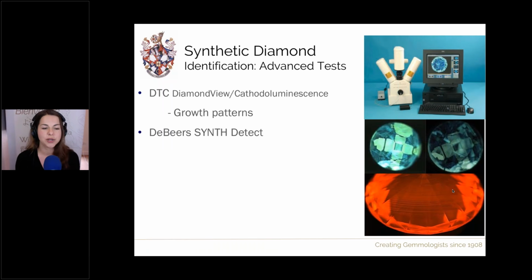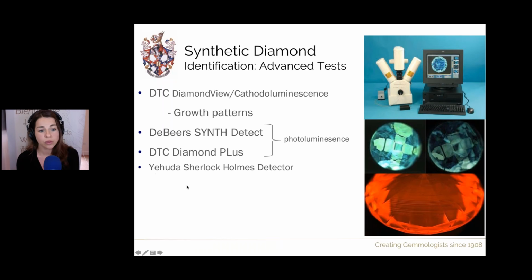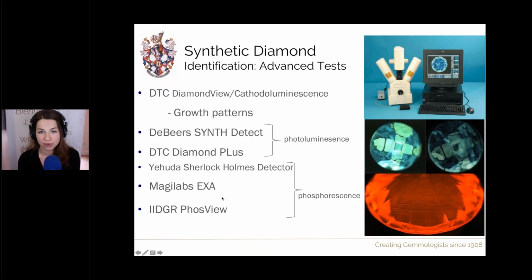Other machines that have been created for determining synthetic versus natural diamond are the De Beers Synth Detect and also the DTC Diamond Plus. These both work on photoluminescence. Also, you have the Yehuda Sherlock Holmes detector, the Magilabs EXA, which I've already mentioned, and also the IIDGR PhosView, which is by an arm of De Beers.